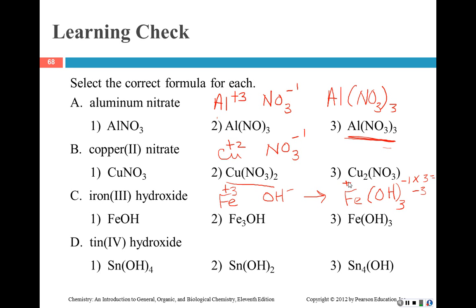And we already have a +3 on the iron, so they neutralize each other. All right, and finally 10. Remember 10 is Sn. Sn, it's telling us is a +4. I like it when it tells us. OH- is a -1, so it's going to be SnOH4. Yes?